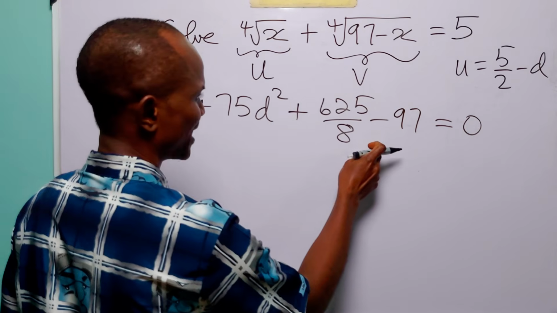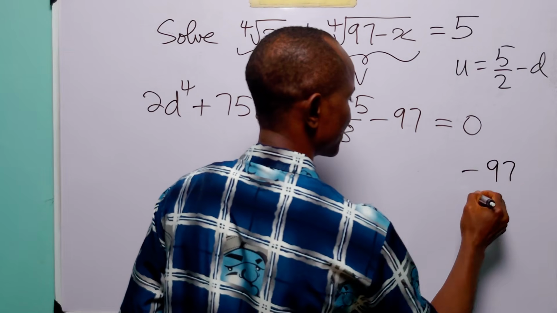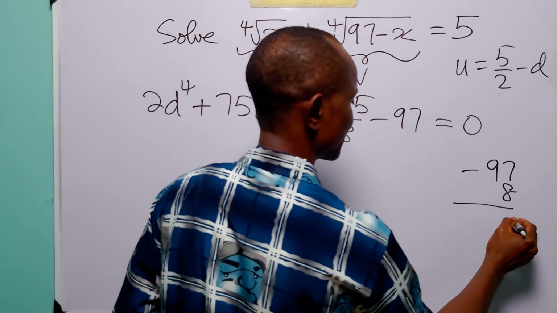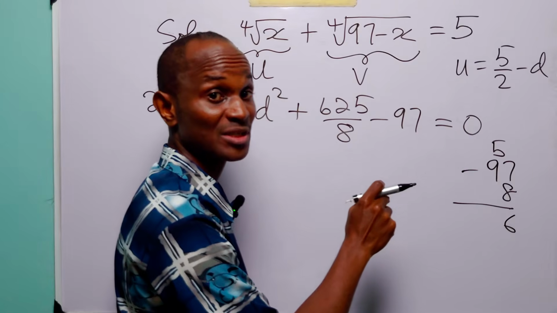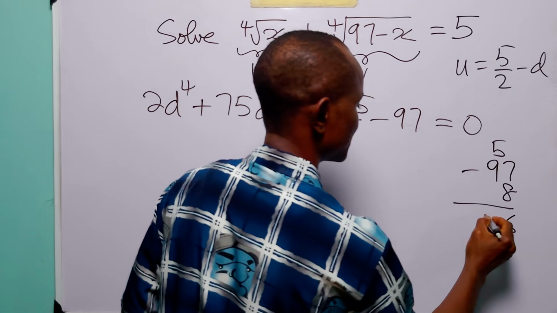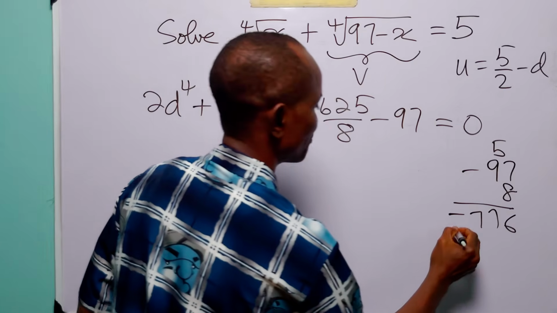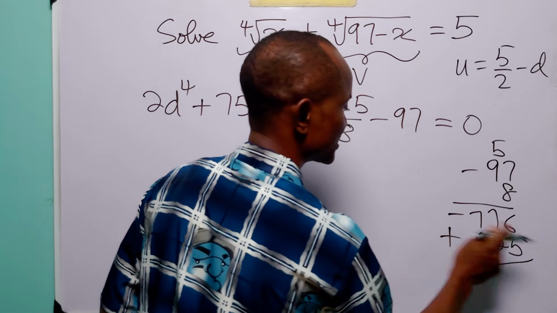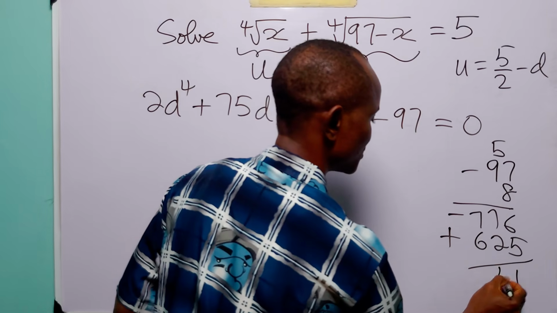But of course, we can combine these two. We have minus 97 times 8. 8 times 7 is 56. 8 times 9 is 72 plus 5. That is minus 777. Then plus 625. 6 minus 5 is 1. 7 minus 2 is 5.